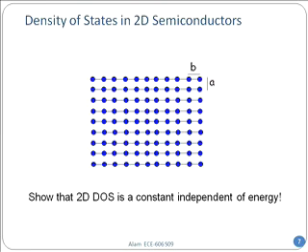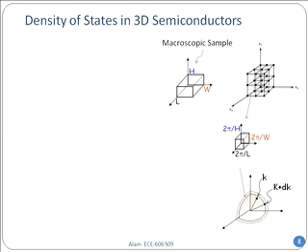Now let me move on to 3D because that's what is there in the textbook. And many practical devices, your Pentium and various computers, of course, are based on three-dimensional solids. The 1 dimension and 2 dimension are sort of materials of the future. 3 dimension is what we often need. Now there is a series of pictures here.